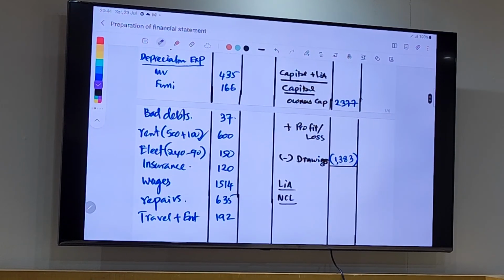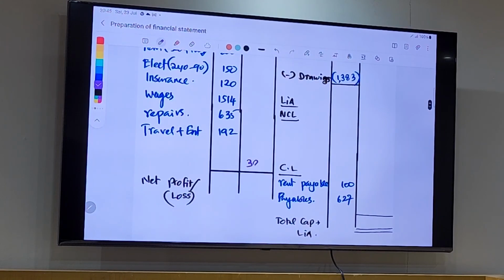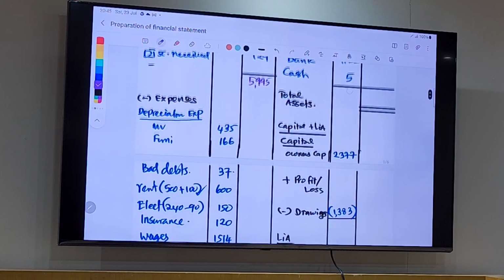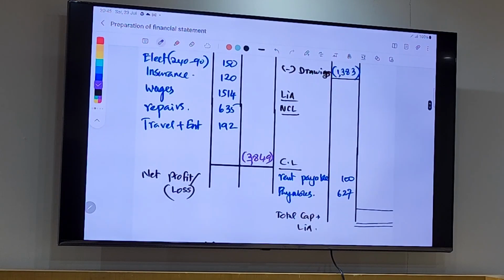Now please take the total of all this: 435, 166, 37, 600, 150, and so on. 3849. Now 5995 minus 3849. 2146.